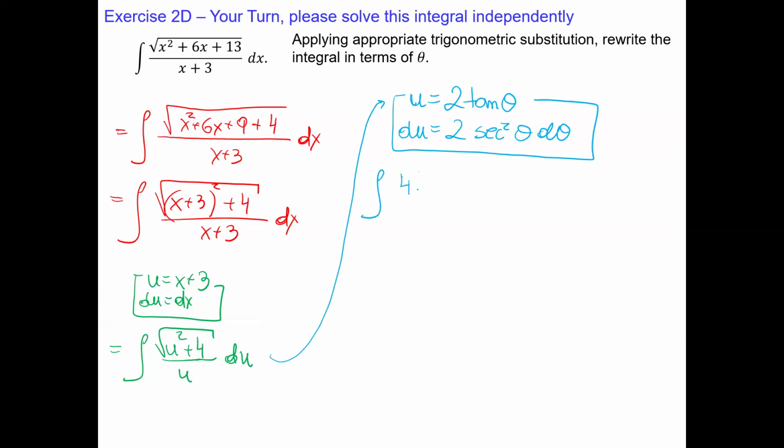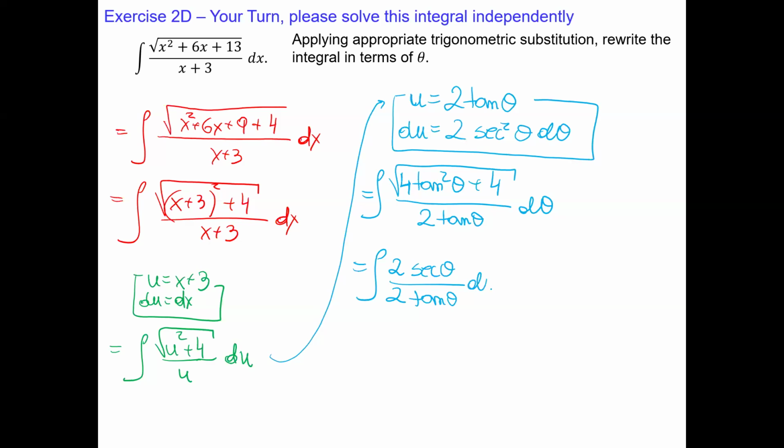We will have the square root of 4 tangent squared theta plus 4, over u. u is 2 tangent theta. When we simplify, we can factor out 4. Square root of 4 is 2. And then we will have tangent squared plus 1. Tangent squared plus 1 is secant squared, and the square root is just secant.